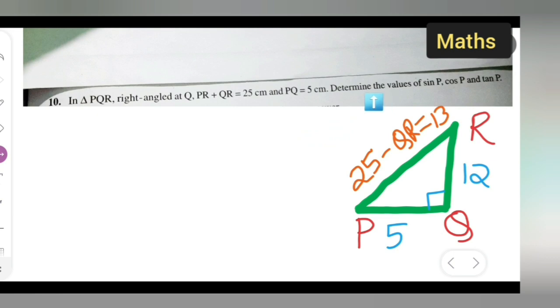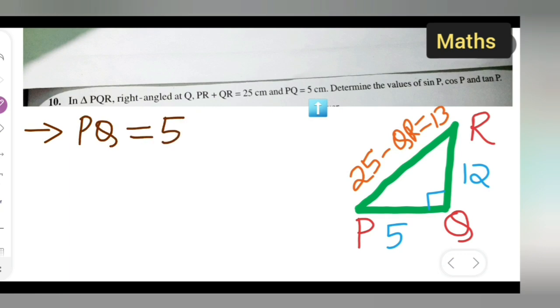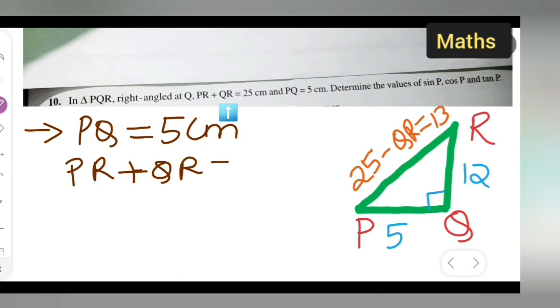So basically, PQ is given, right? Write down PQ is equal to 5 centimeters. Then write down PR plus QR is equal to 25.